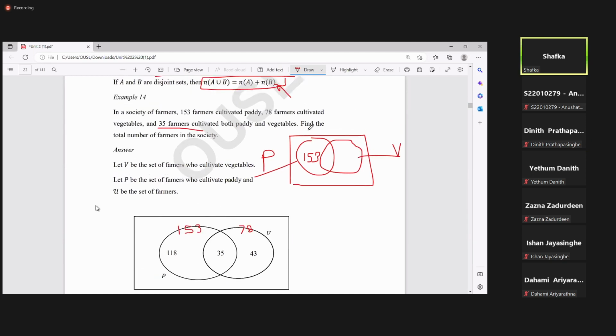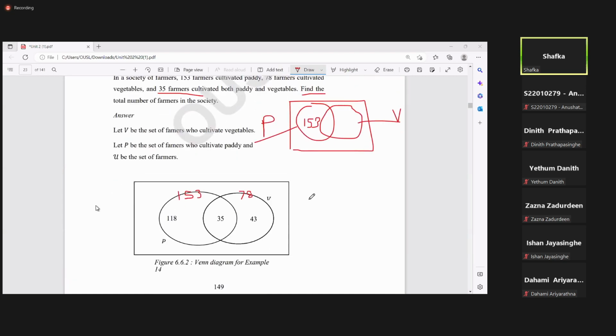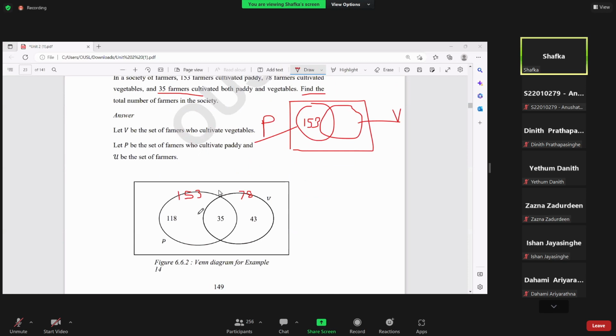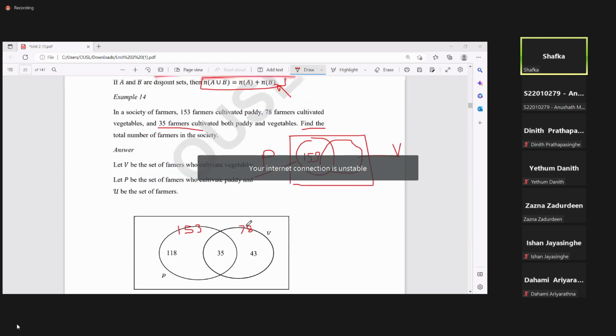Okay, now what does the question ask? Find the total number of farmers in the society. How to find it? If you represent it in the Venn diagram, then how to find it? 118 plus 35 plus 43. 118, 35 and 43. Okay.